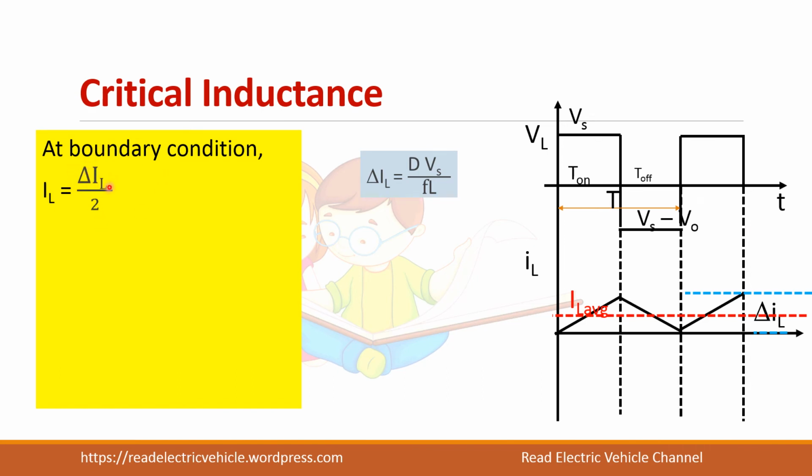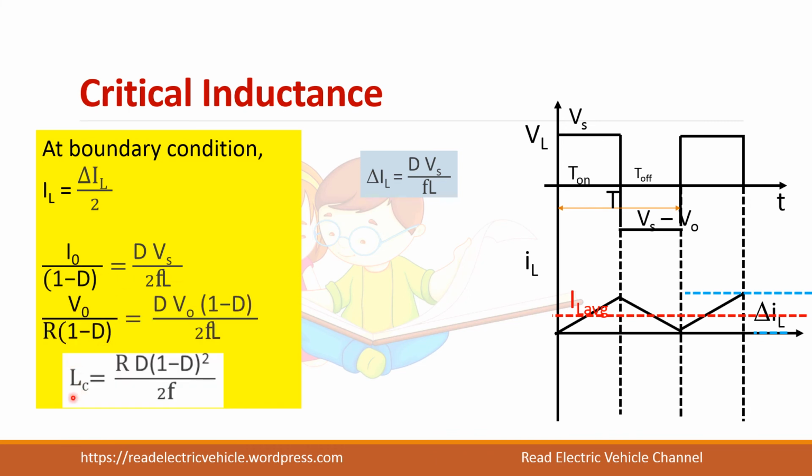But already we have derived the current ripple del IL. So take that equation. Del IL I can write as dVs by FL. Divided by 2, I have taken. What is IL? I naught divided by 1 minus D. This we have got from the capacitor ampere second equation. So find what L is. That L is called the critical inductance.